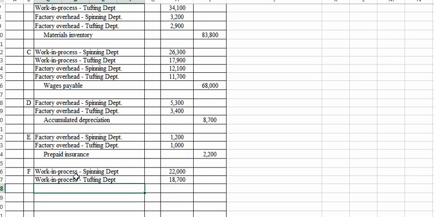Okay, now for applied, our actual overhead went on the books as a debit. Our estimate of overhead, or our applied overhead, was going to go on the books as a credit. You'll see how that works out when we post them to the accounts. We hope the balance is zero, right?